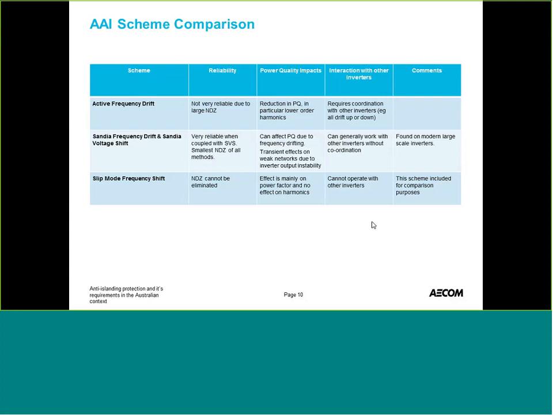It can have some effects on power quality due to frequency drifting, and some consideration needs to be given in terms of transient effects on weak networks due to inverter output instability, and I'll touch on this a little bit later. It can generally work with other inverters without coordination, and what we've seen is it's typically the scheme that's found on modern large-scale inverters.